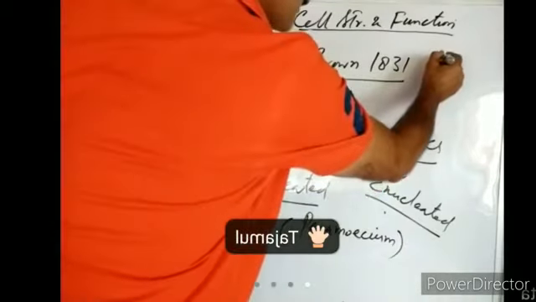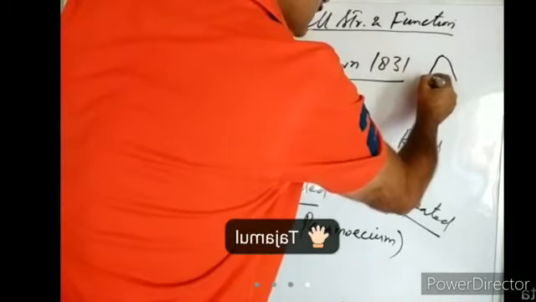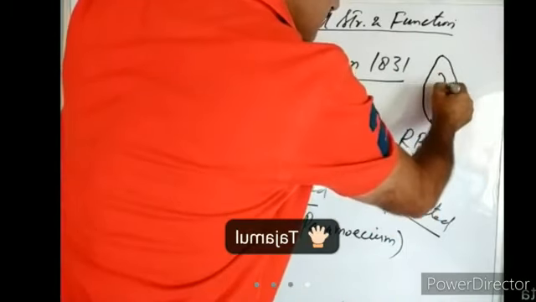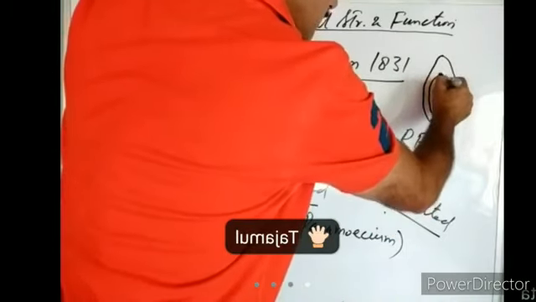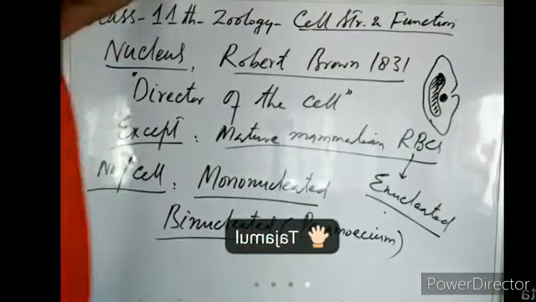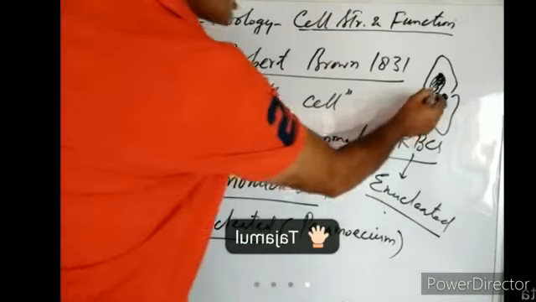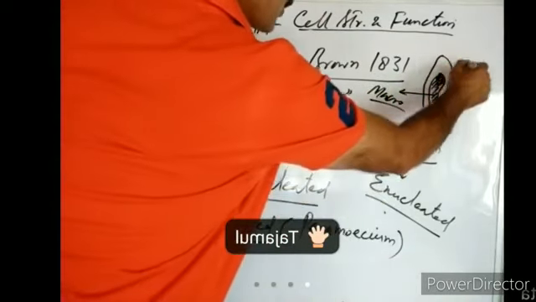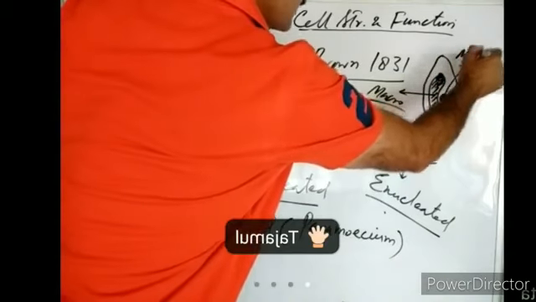One nucleus of the paramecium is known as the meganucleus, and the other is known as the micronucleus. This is the large nucleus, the meganucleus or macronucleus, and this is the small nucleus, the micronucleus, right?